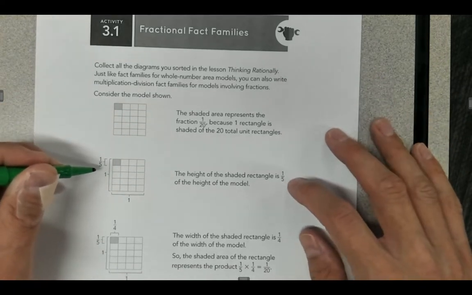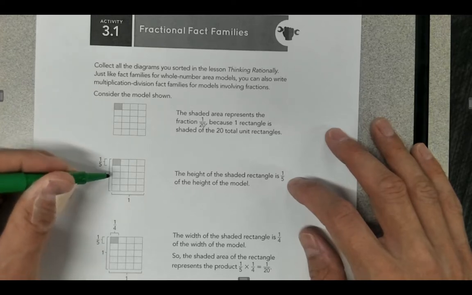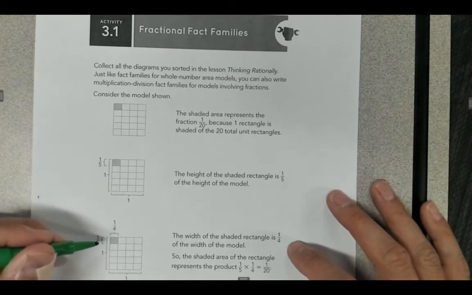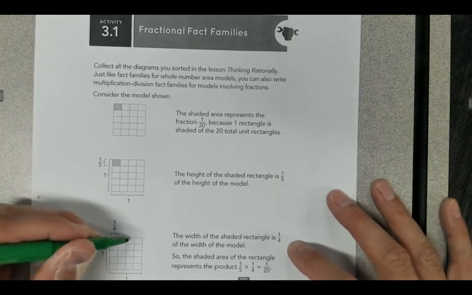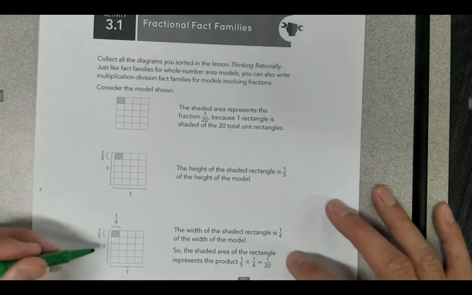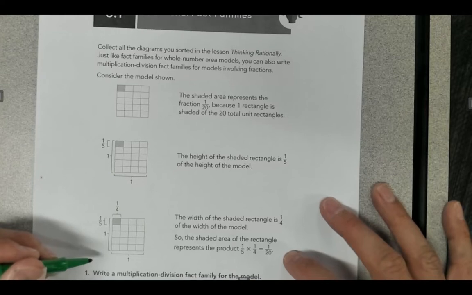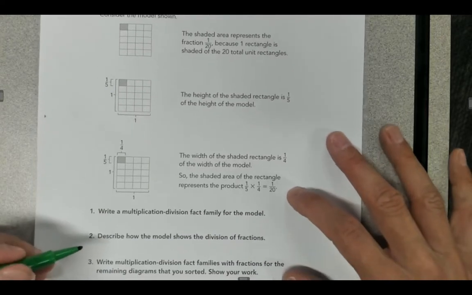The height of the shaded rectangle is 1/5 of the height of the model. 1, 2, 3, 4, 5. The width of the shaded rectangle is 1/4 of the width of the model. 1, 2, 3, 4. So the shaded area of the rectangle represents the product 1/5 times 1/4 equals 1/20th.